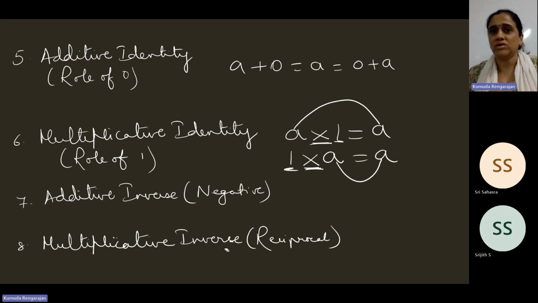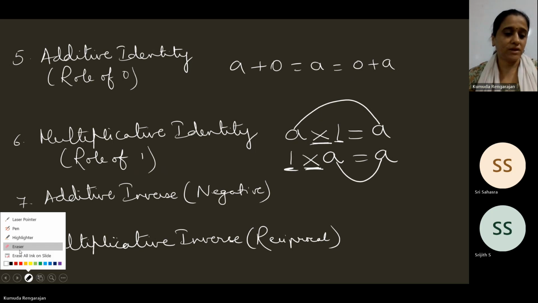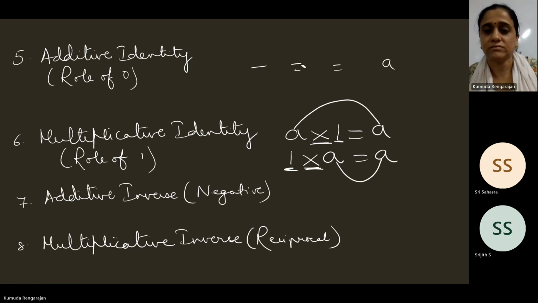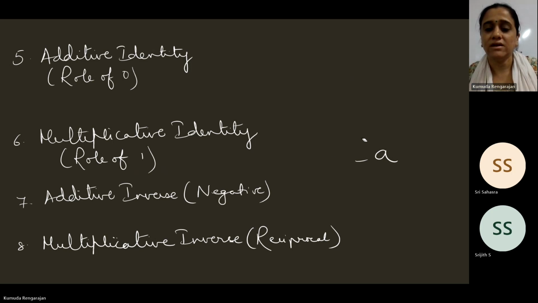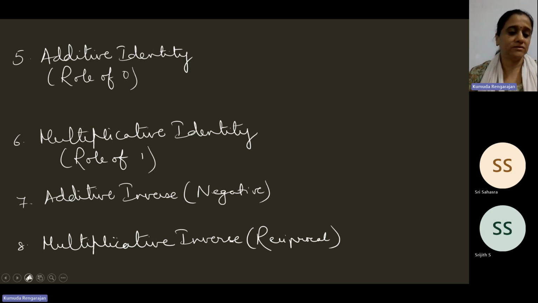When you add 0. When will you get the same answer when you multiply? When you multiply by 1. So multiplicative identity is 1. Additive identity is 0. Zero is the additive identity of rational numbers, and 1 is the multiplicative identity of rational numbers.